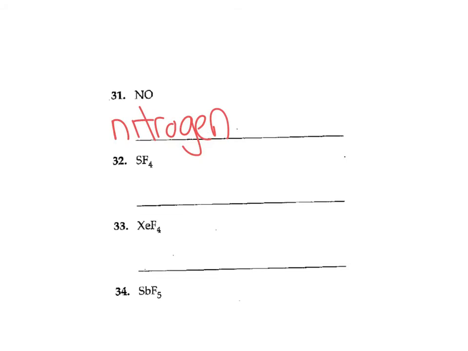Write down the name of the first element. It gets a prefix if there's more than one. The second element always gets a prefix no matter what.